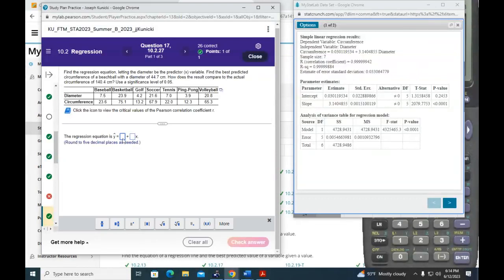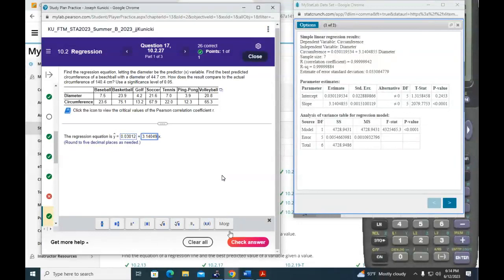All right, so y hat equals, to 5 decimal places, 0.03012 plus, and the other one to 5 decimal places is 0.14049.